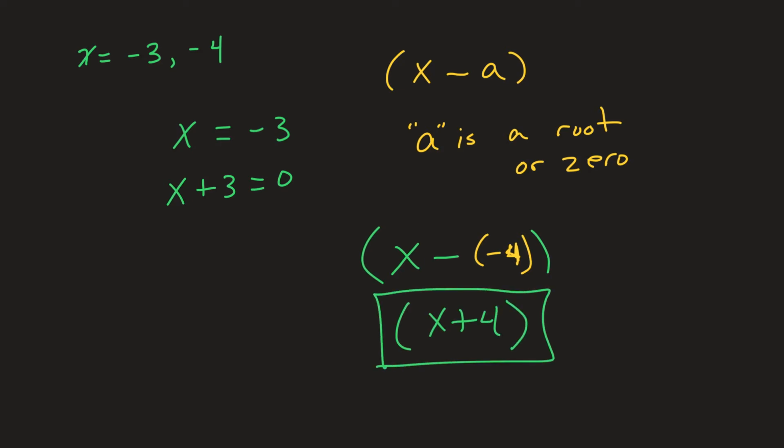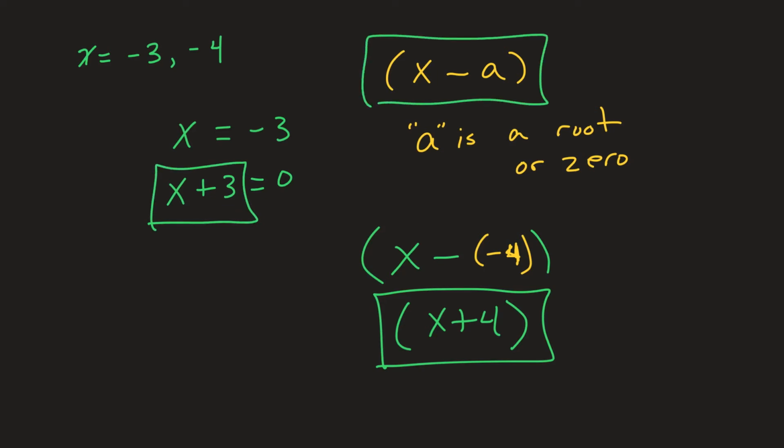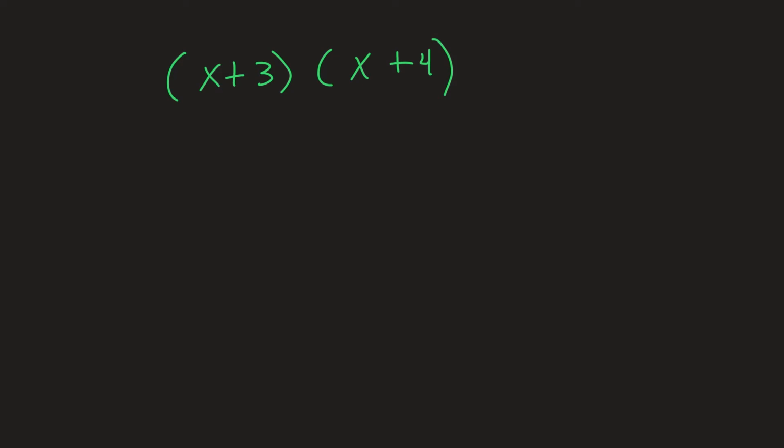So there's one root. Here's the other root. Either way you want to do it, I would do it this way. It's just quicker. x minus either one of these numbers gives you a factor. Then we can multiply these back together. x squared plus 4x plus 3x plus 12. Combine the like terms, and we get the original quadratic.